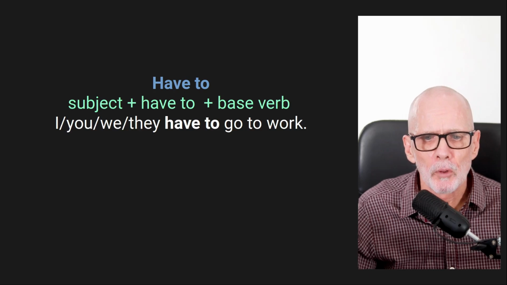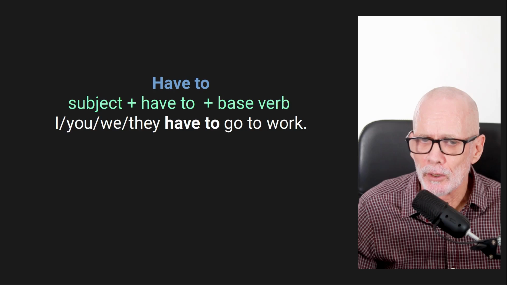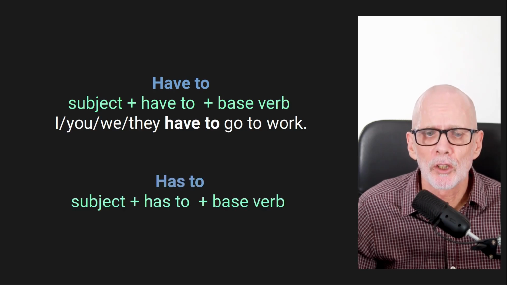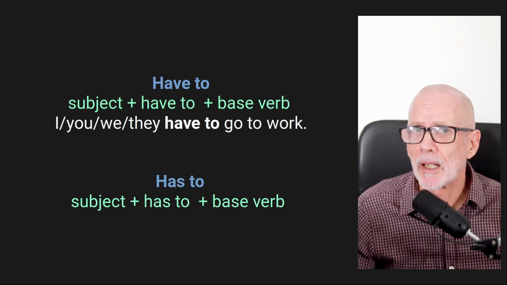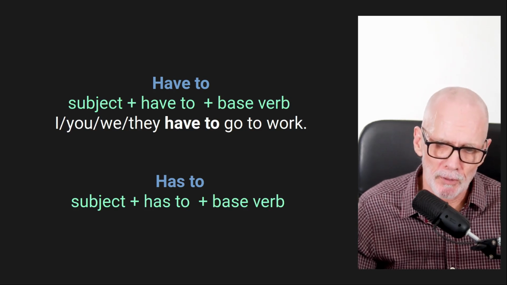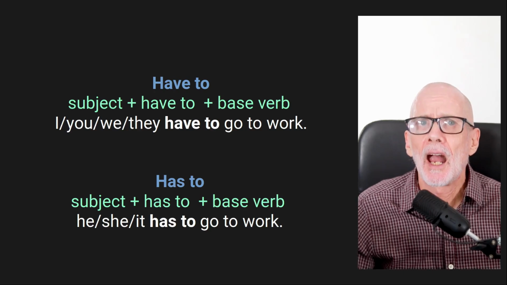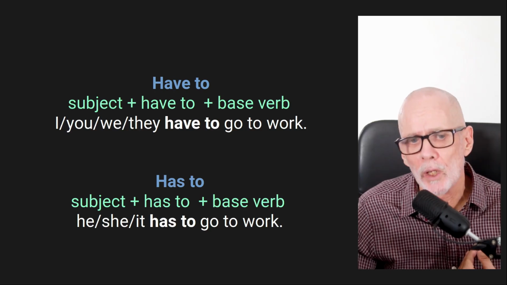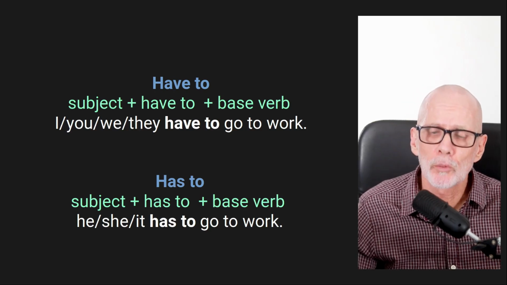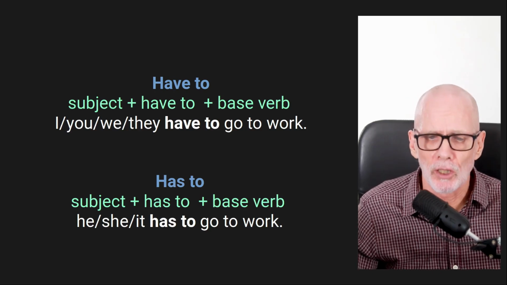So for example, we can say, I have to go to work. If the subject is the third person, we need to use subject plus has to plus base verb. So here we say, he has to go to work. So it's I, you, we, they have to go to work, or he, she, it has to go to work.